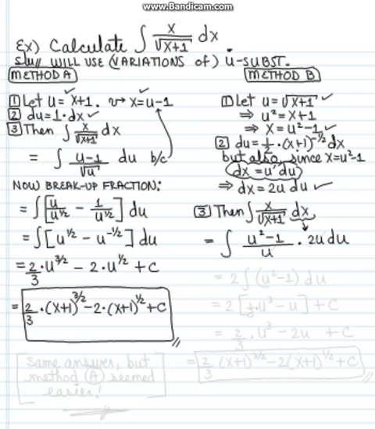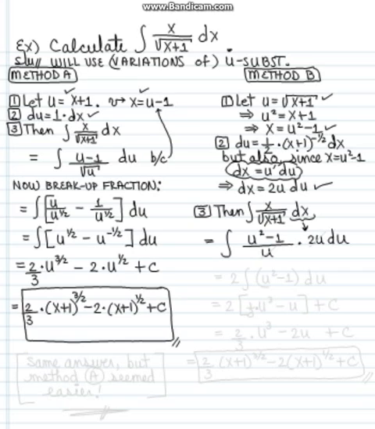Well, we knew from step 2 that dx is the same as 2 times u du. So we replaced dx with 2u du. But we still had that pesky little x in the numerator. Didn't know what to do with it, just like in the method A portion. But we had said in step 1 that x is equal to u squared minus 1. So replace x with an expression in terms of u. That would be u squared minus 1.